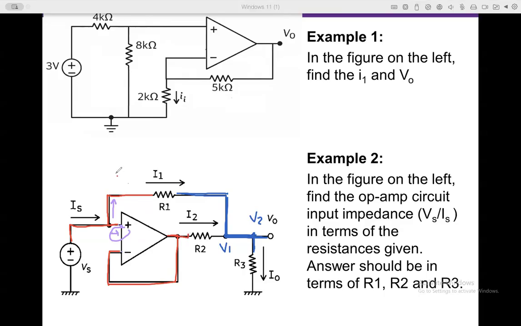Here, if I call VA the red voltage and VB the blue voltage, what's causing VA to become VB? What's the reason for that voltage drop? A little bit louder. The resistor, right?